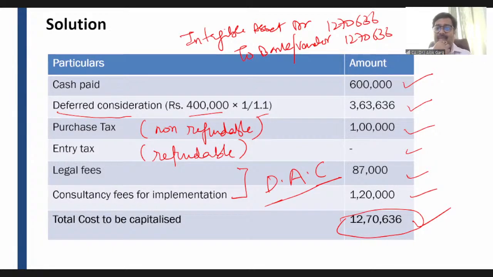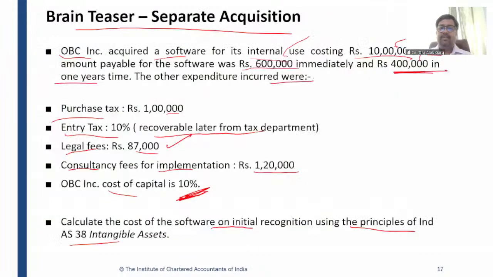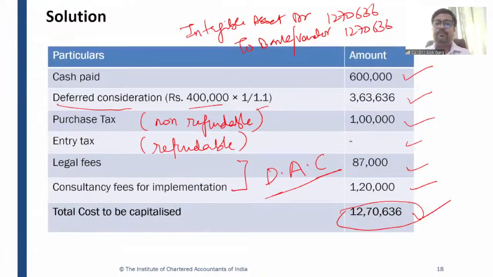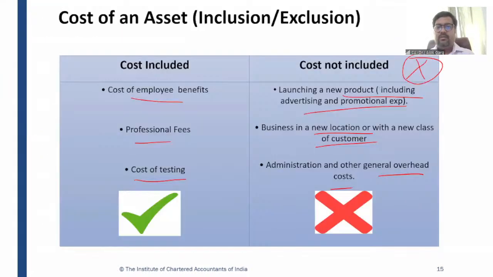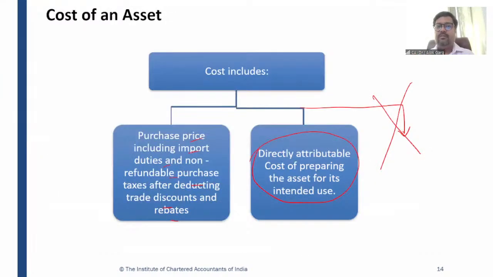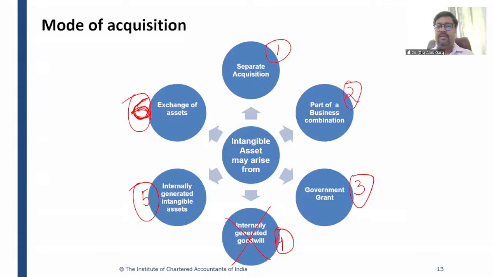In ICAI study material, similar question is there, right? So you can do that also. So in case of a separate acquisition, we have discussed how to arrive at a cost. What is the meaning of the cost?